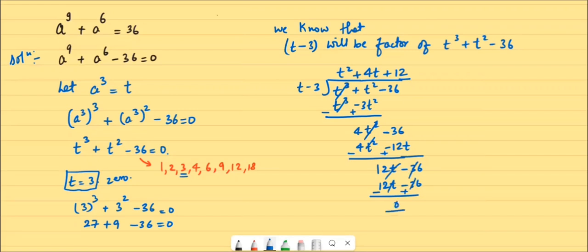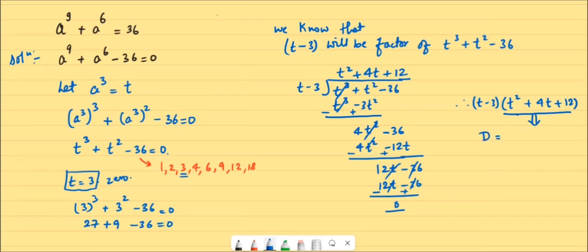Therefore we can say finally that t minus 3 into the quotient t squared plus 4t plus 12, right? Now t minus 3 is one of the factors. Now we have to factorize this quadratic. If you see this quadratic equation, t squared plus 4t plus 12, let's see the discriminant of this.